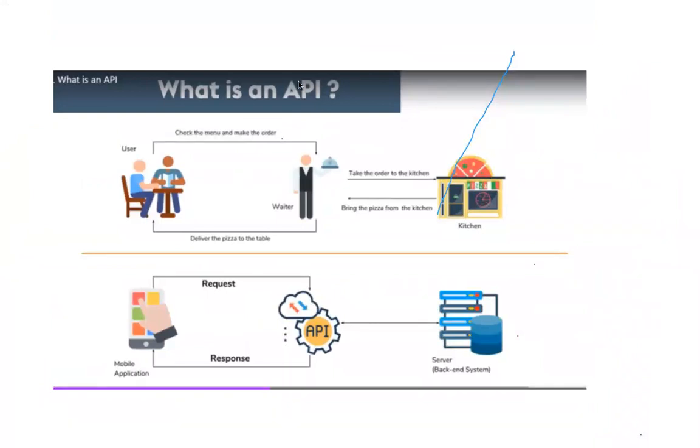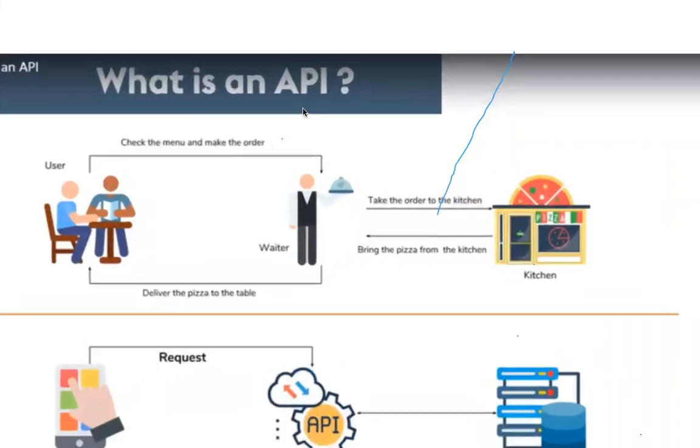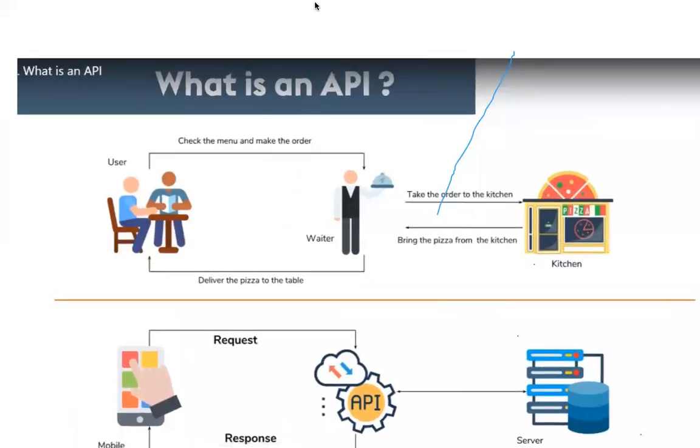I'll give you one example for this API. Every weekend or something, we go to some restaurants, right or wrong? So in a restaurant, once you reach the restaurant, what will you do?